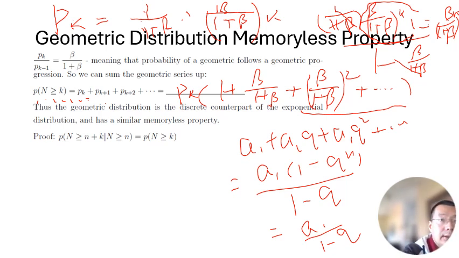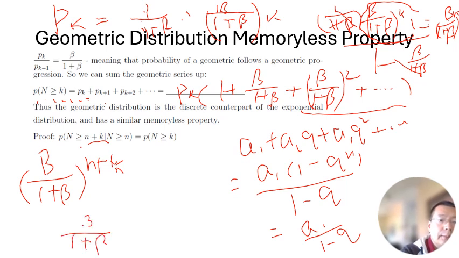Now, the first one is we can calculate the probability of N greater than m plus k, which will be (β/(1+β))^(m+k) over (β/(1+β))^m. The common factor will be cancelled off, so we don't need to worry about that.